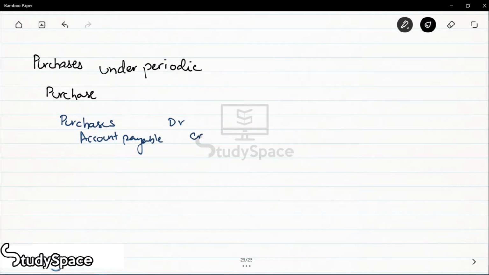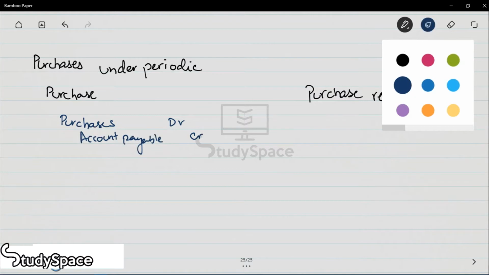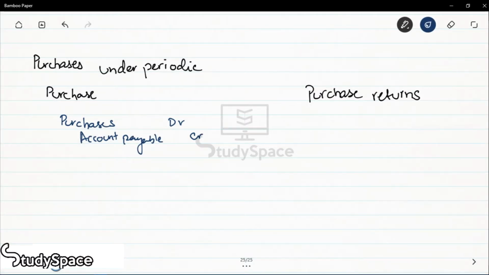Next we're going to look at the entry for purchase returns. In the case of purchase returns, we would have a similar effect as accounts payable would reduce and our purchase returns account would be made.